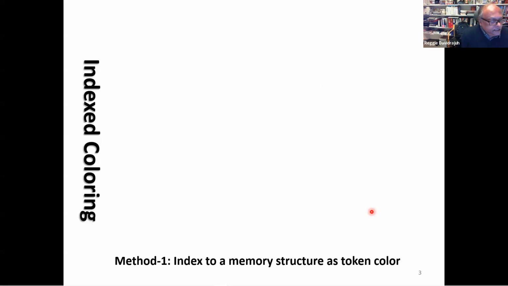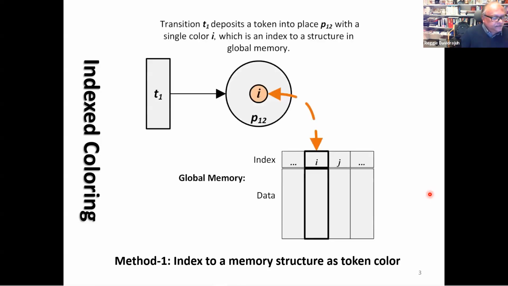Basically, it has two methods. The first method is, rather than putting the whole data on tokens, to keep the data in memory and put only the index on the tokens. That is very similar to indexed memory access. For example, here is a token.